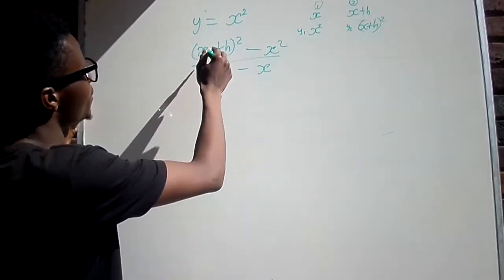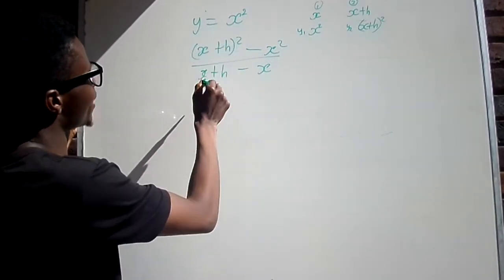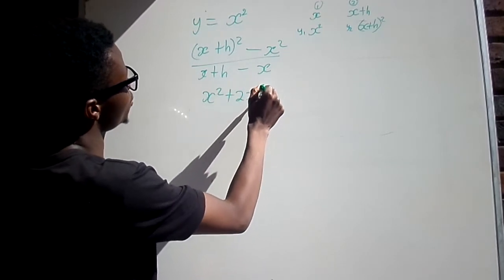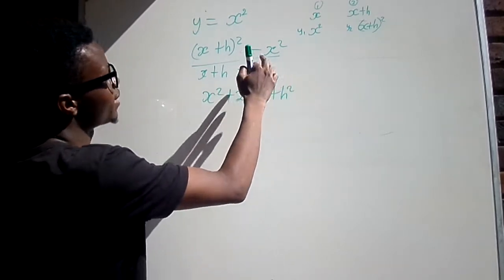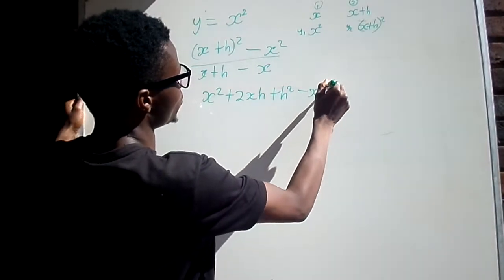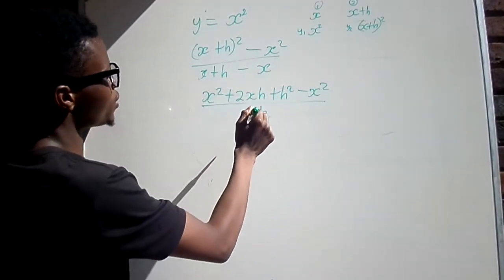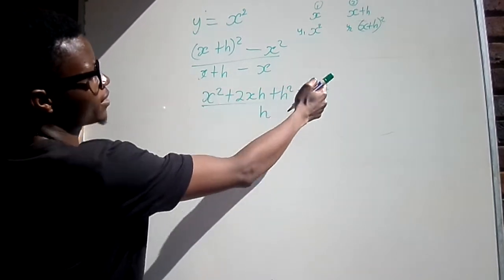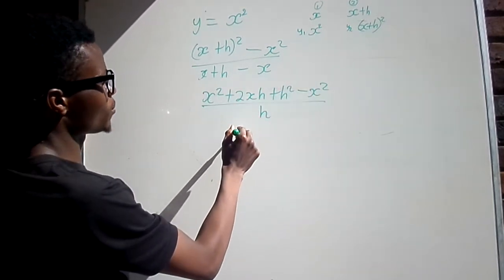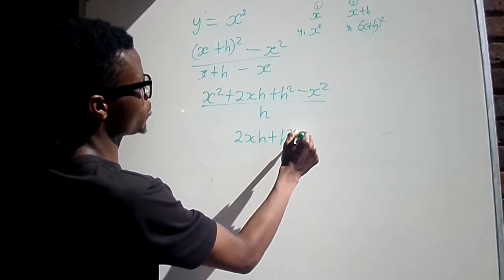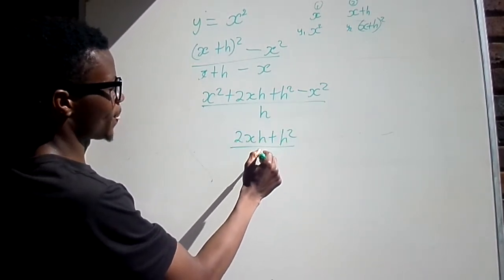If we simplify from here, clearing brackets, we get x squared plus 2xh plus h squared minus x squared, all over x minus x, that's 0, so we're left with h. x squared subtract x squared is 0, we're left with 2xh plus h squared, all over h.